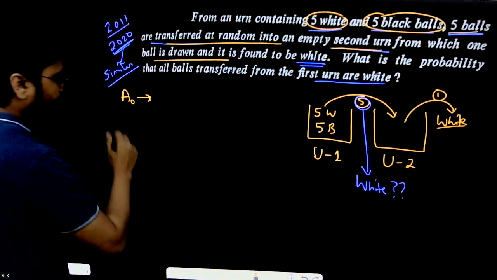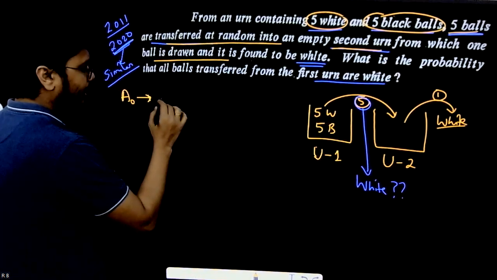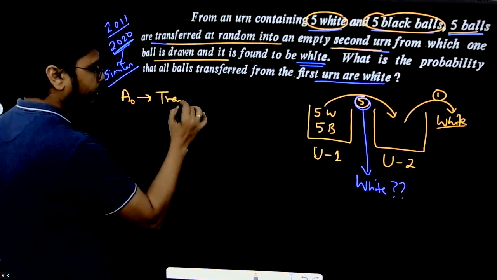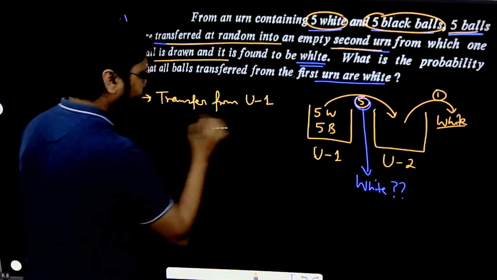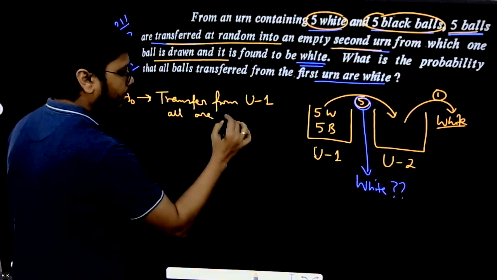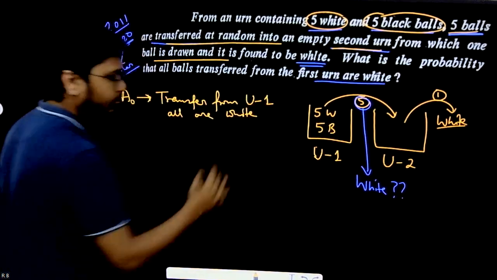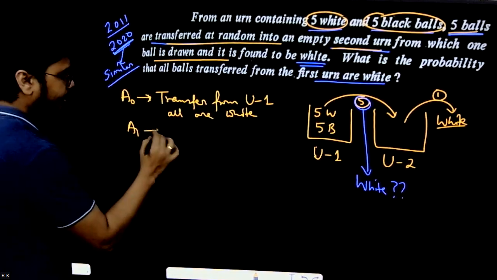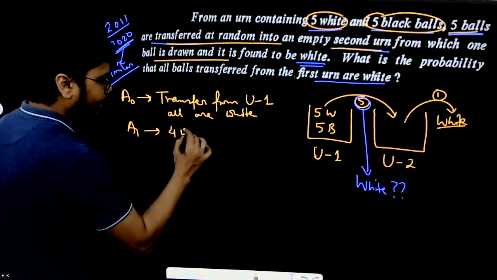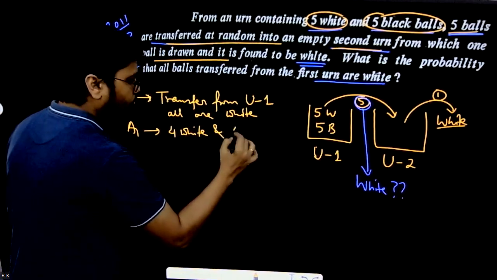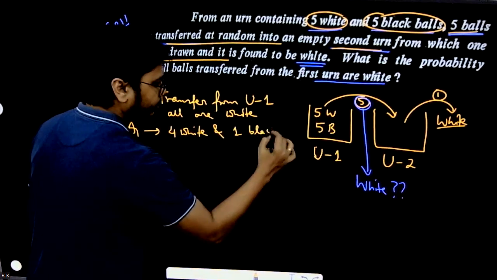So A0: all the balls transferred from U1 are white. A1: transferred from U1, 4 are white and 1 is black.